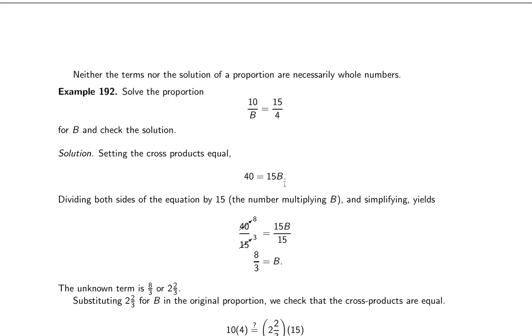Okay, 15b equals 40, so divide both sides by 15 this time. So b is equal to 40 over 15. Cancel 5s, so this 40 over 15 simplifies to 8 over 3.